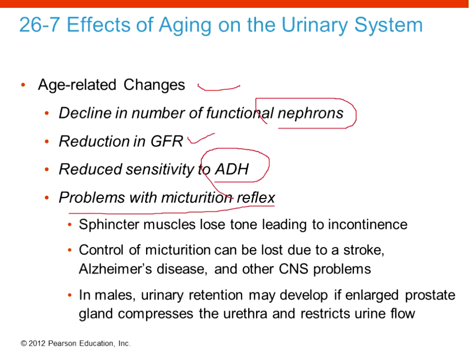And then, of course, problems with the micturition reflex, muscle tone loss, which can lead to incontinence. Micturition reflex control can be completely lost because of stroke or other types of problems. And I talked about enlarged prostate in the male and how that can impact things. So anyway, those are some of the things that are associated with impacting the urinary system.